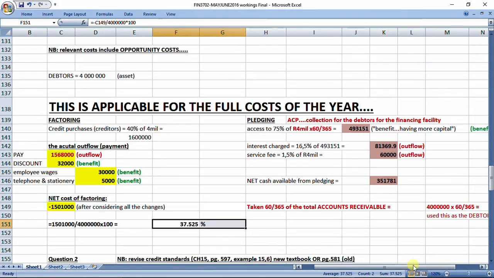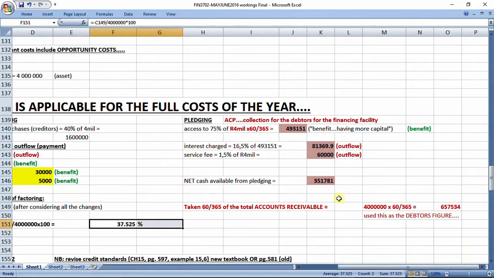If you look at the right hand side with the pledging, I'm going to use it as security for more debt.